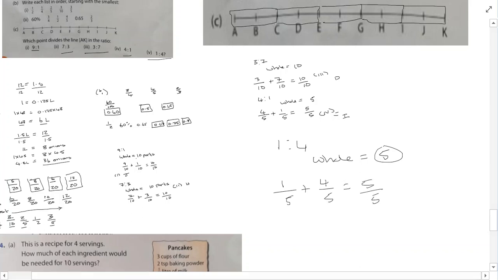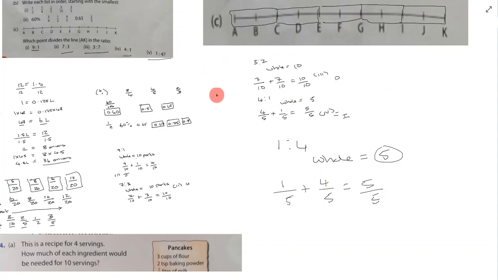So what we're being asked is, where can we put our line so that we divide it up into 1 part? One side has 1 part or 1/5, and then the other side has 4 parts or 4/5 of the whole. The whole thing is, we've split it up into 5 parts.